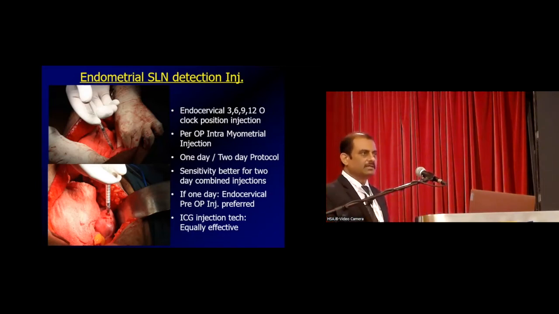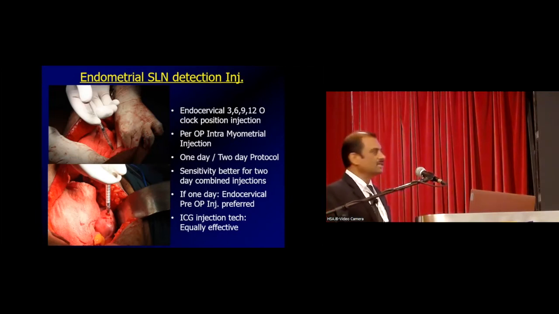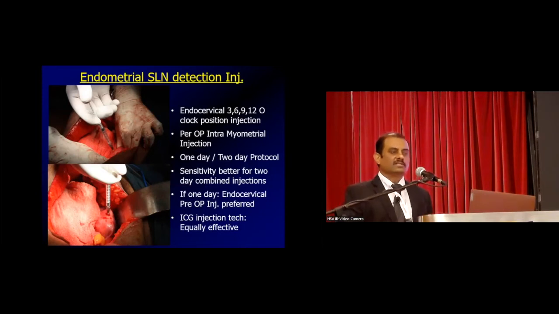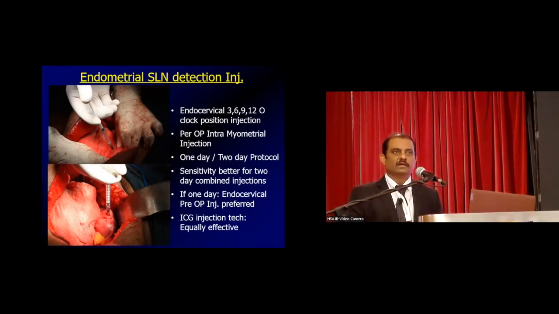Another important thing, especially in centers like ours, we have robotic surgery also. So in robotic surgeries, you don't have an option of peroperative injection, and we don't do endometrial sentinel lymph node detection. You can use ICG. The indocyanine green is the preferred dye that is used, and this is a dye method.